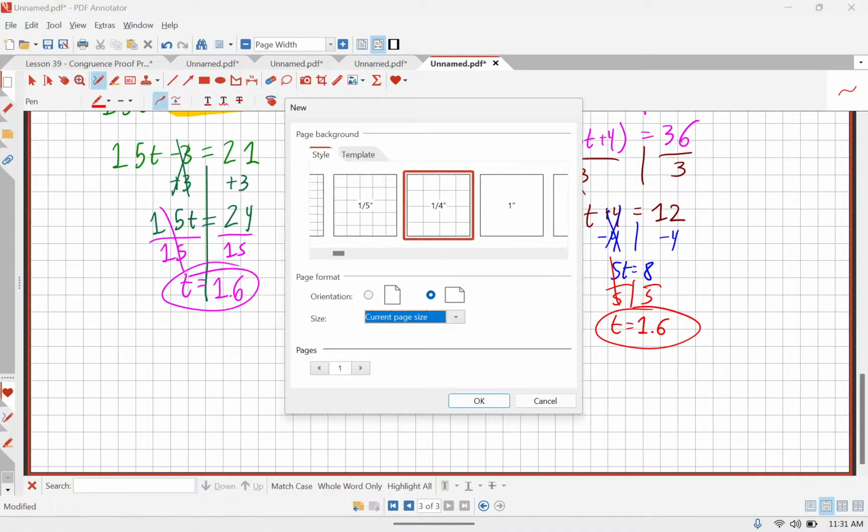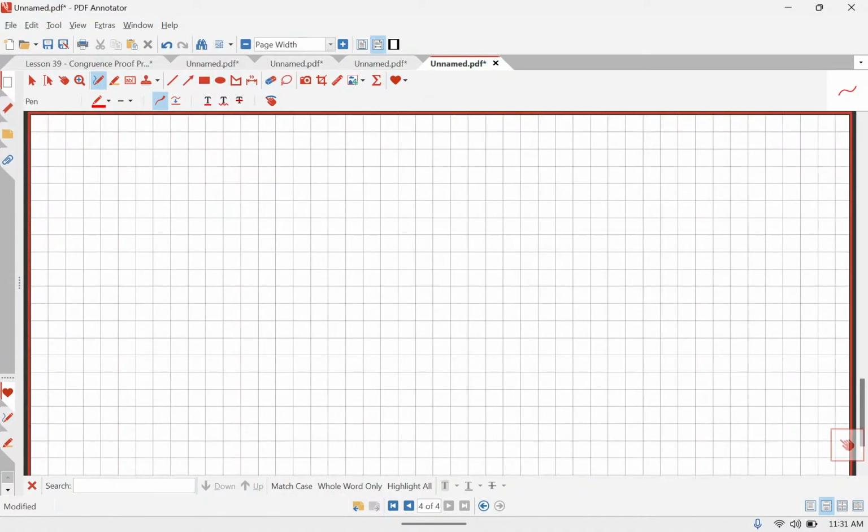Here we go. 9z minus 4 open parentheses 5 minus z close parentheses plus 13 equals 58.